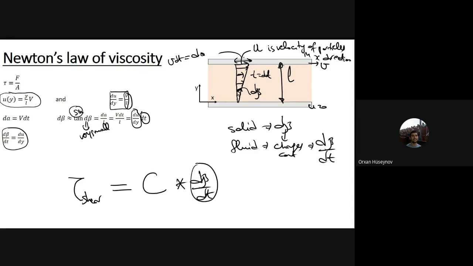Or instead of d beta by dt, you can write du by dy, which is very similar to Hooke's law. Hooke says that F is equal to k times delta x. Here F is the force, delta x is the response of the spring, and k is the coefficient. Here, this is the force, that is the response of the fluid to that force, and this is the coefficient.